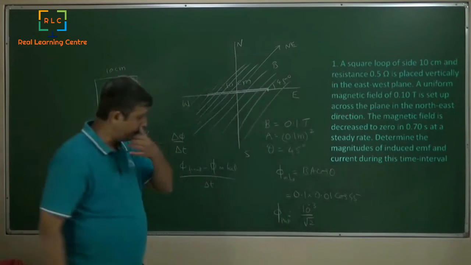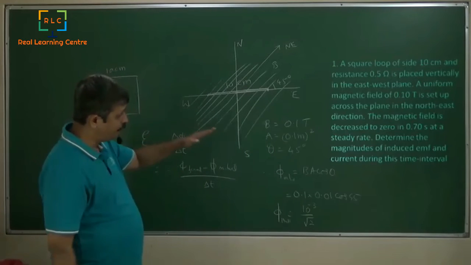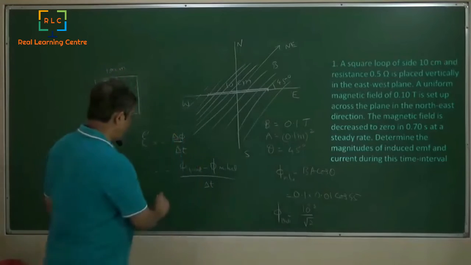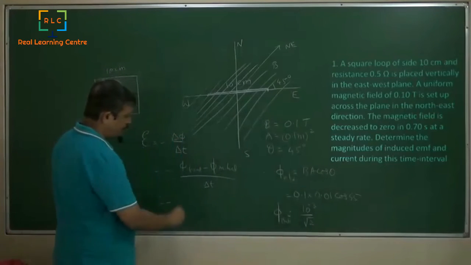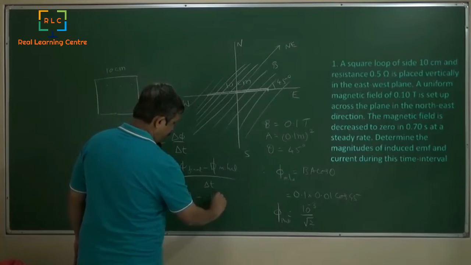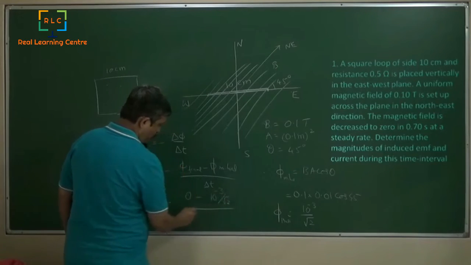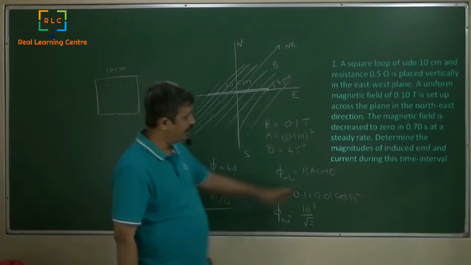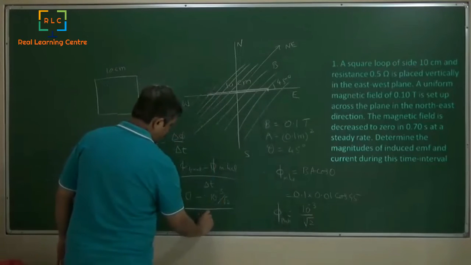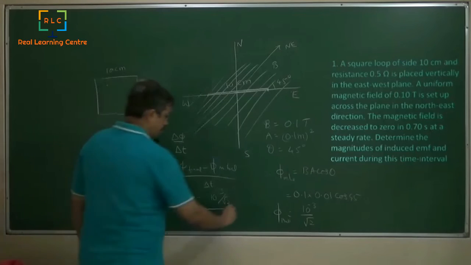What is phi final? Phi final is 0, because they are saying that it is decreased to 0. So we substitute: minus of phi final, which is 0, minus phi initial, 10 power minus 3 divided by root 2, whole thing divided by delta t. They have given it as 0.7 seconds. So you can calculate this.